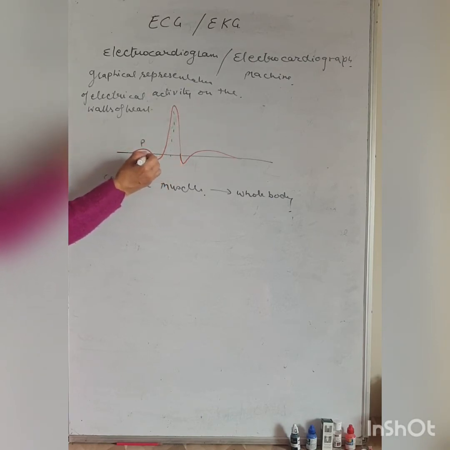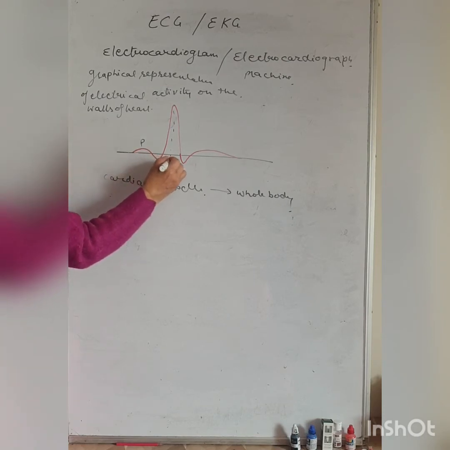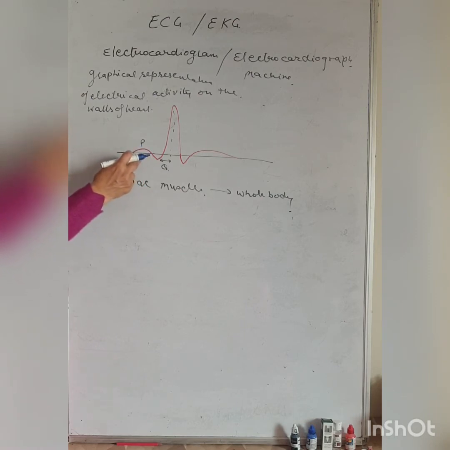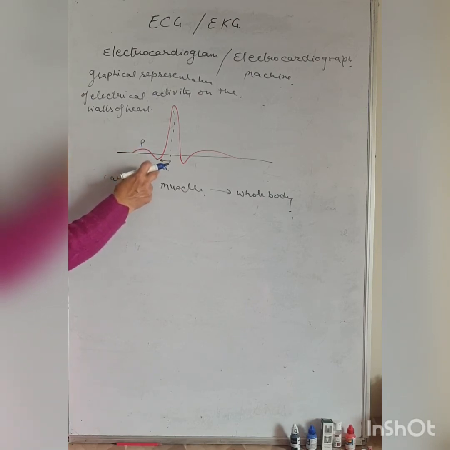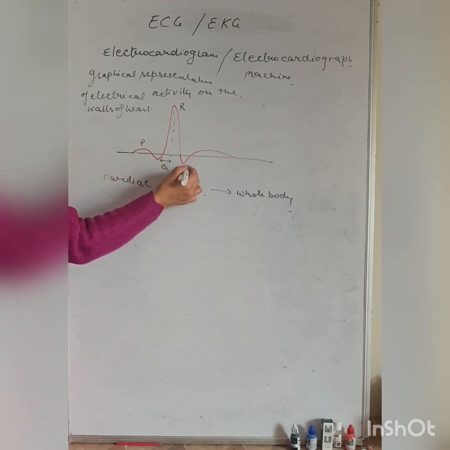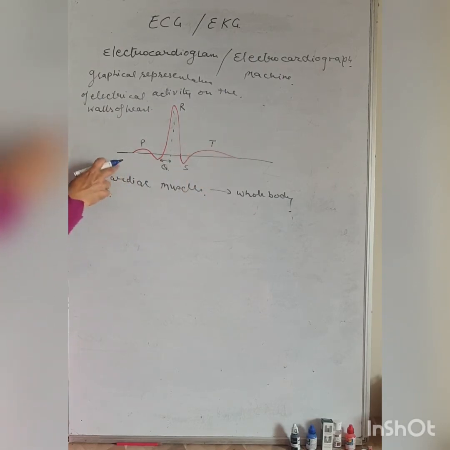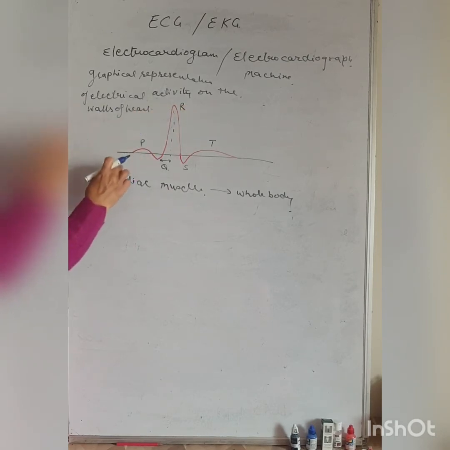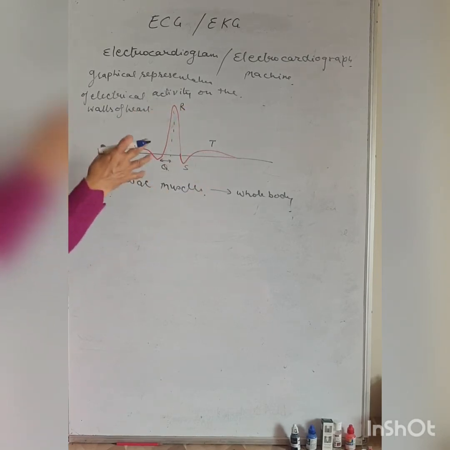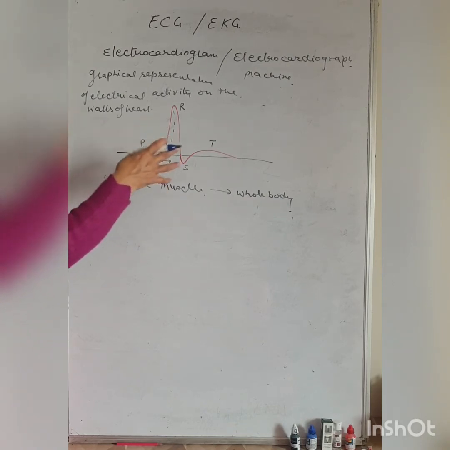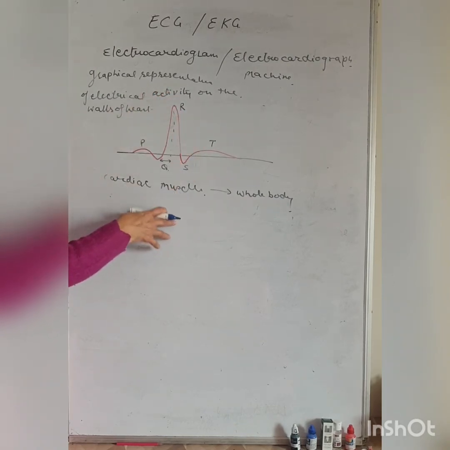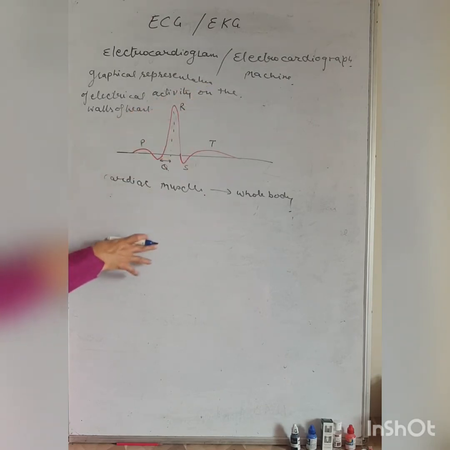This is the Q wave. P wave, Q wave, this is the R wave, and S, then T. We discuss in detail the PQRST waves, what they represent, how they generate impulses, and where.